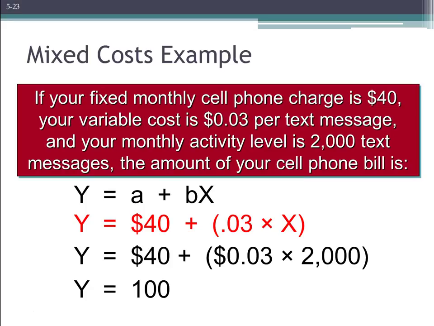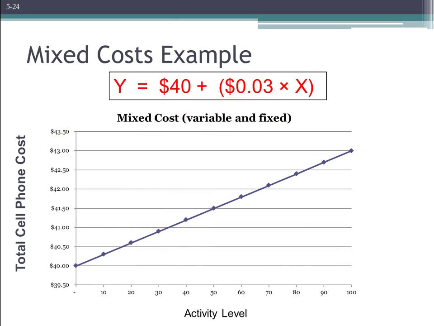And that comes in key, maybe not so much with our cell phone bills, but if we were running a manufacturing company, then it can come in huge. So let's take a look at that graphically. If we took that equation that we just figured out, this is what it would look like on a graph. I want you to pay real close attention here.